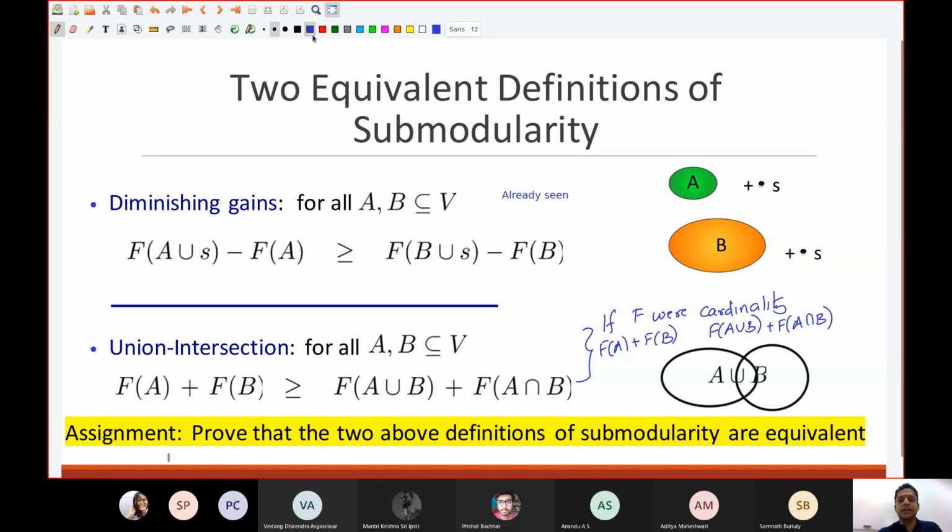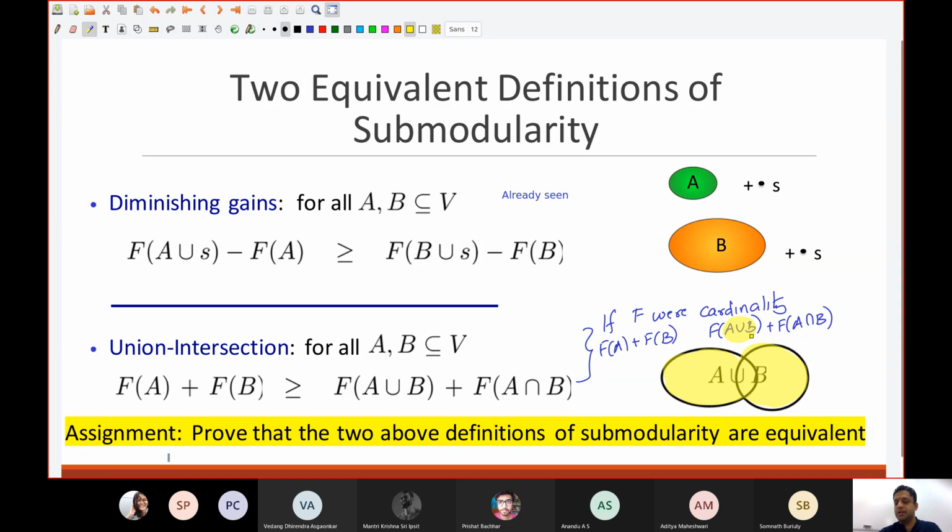But now I can highlight their union. So what is the union? This is the entire thing, in that the intersection has been counted only once.